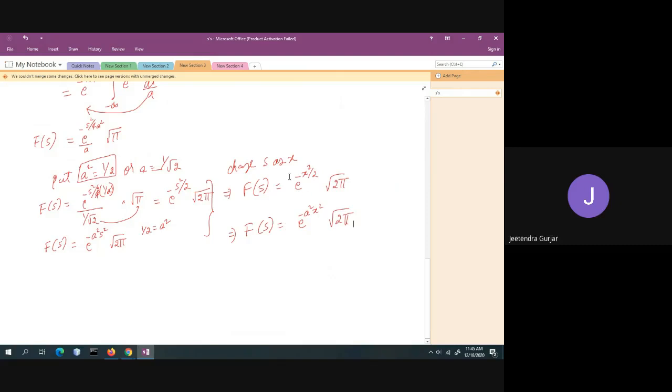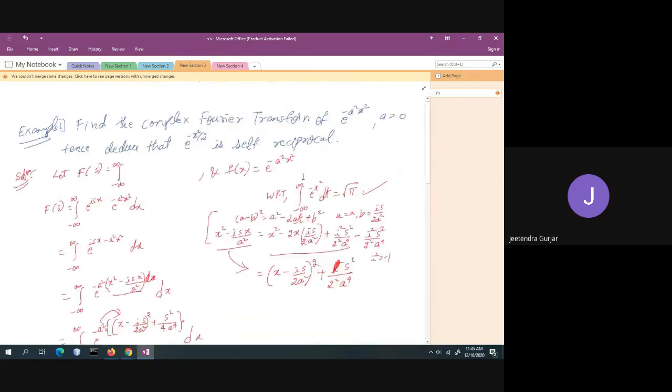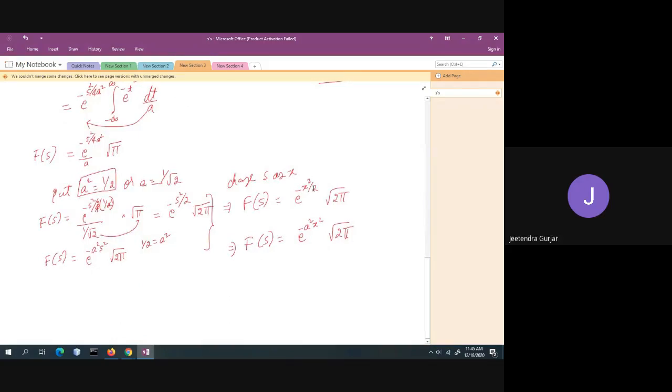Only e raised to minus x square upon 2 is nothing but e raised to minus a square x square. This means it is exactly the mirror image, or it is self reciprocal. Therefore, we have deduced this complex Fourier transformation as self reciprocal. Comparing these two equations, we can say that e raised to minus a square x square is self reciprocal. Is it clear, students?